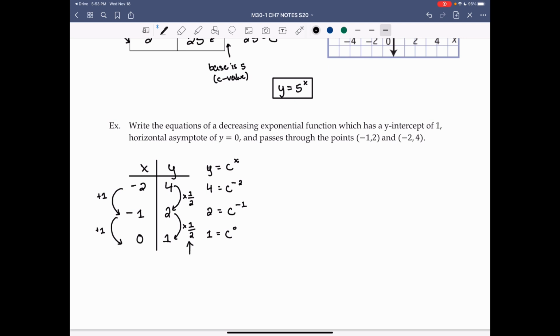Then our base number is 1/2, which is our c value. So our equation becomes y equals 1/2 to the power of x.